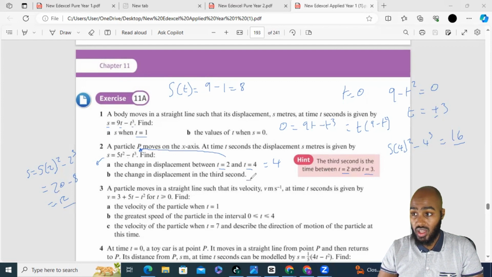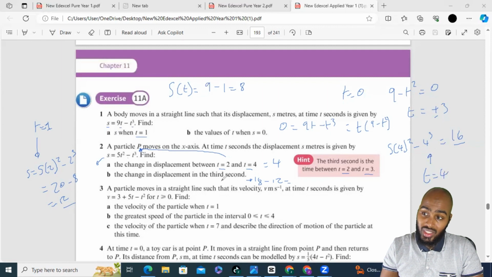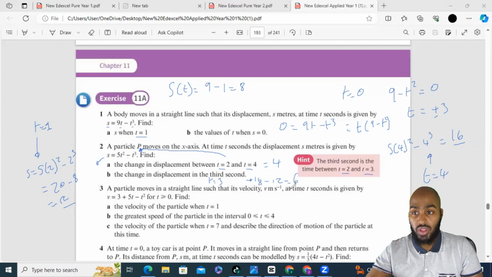So what's the difference between 18 and 12? This is t1, this is t4, and this one here would be t3. We'll calculate t3, which is 18. What's the difference between t3 and t2? It's going to be 6. And that's how you solve that.